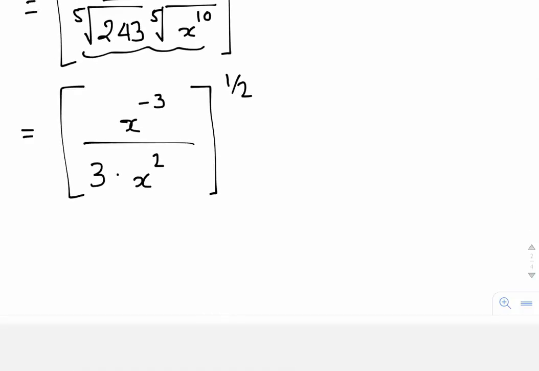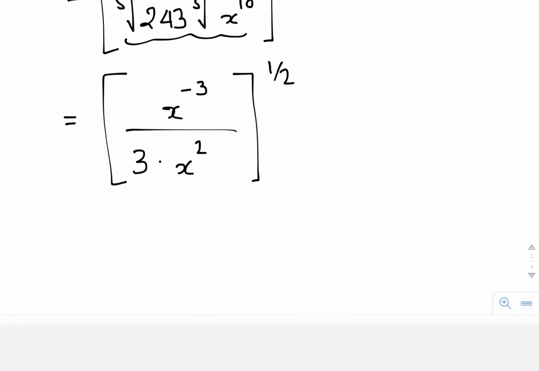I'm still not at the stage where I want to apply that 1/2 because I have these common x terms here. So what I'm going to do is rewrite it as x to the exponent negative 5 over 3. I just combine these two x terms together, and that's all to the exponent of 1/2.